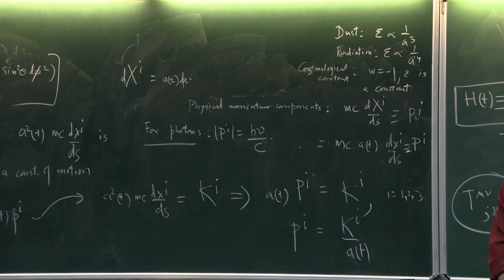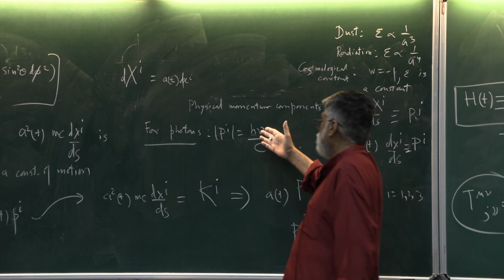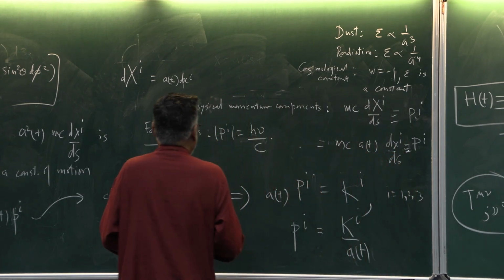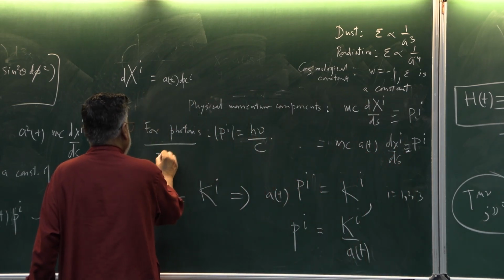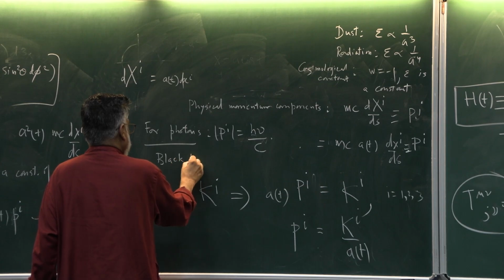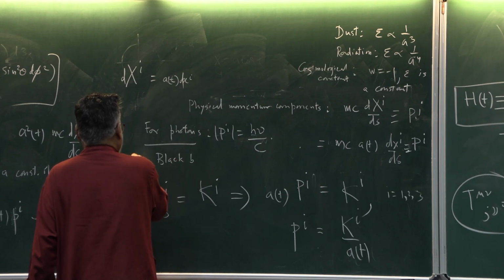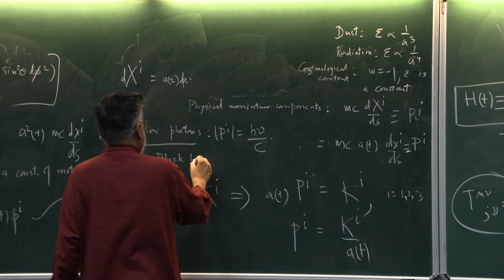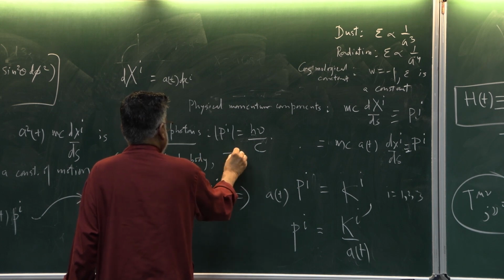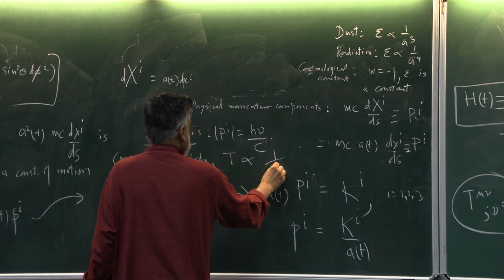At the time of decoupling, the temperature was 1100 degrees Kelvin. So for photons, momenta goes as h nu by c, and therefore the black body temperature, namely CMB, cosmic microwave background, goes as 1 over a of t.